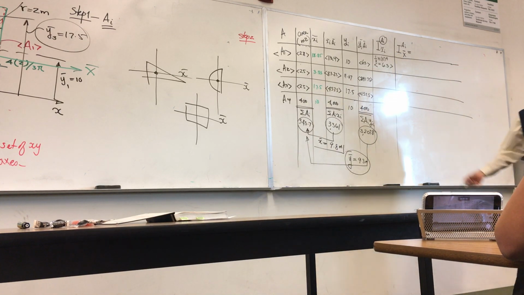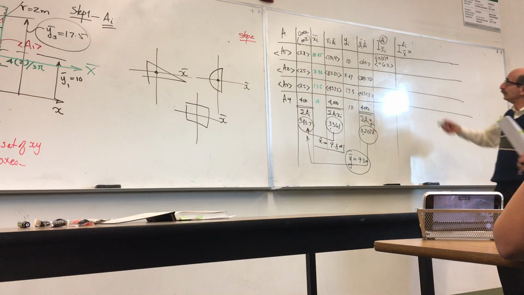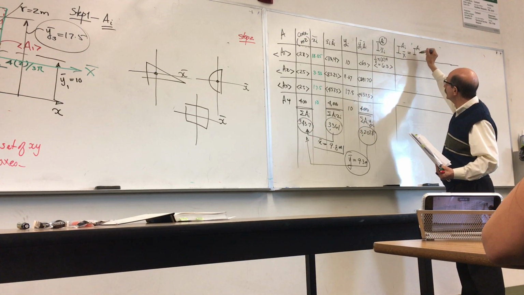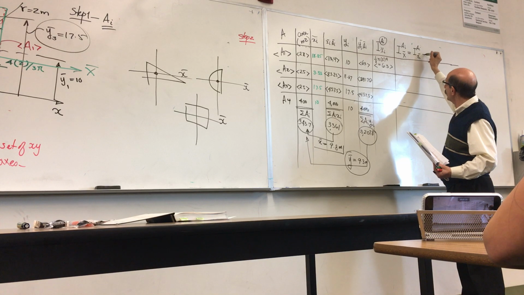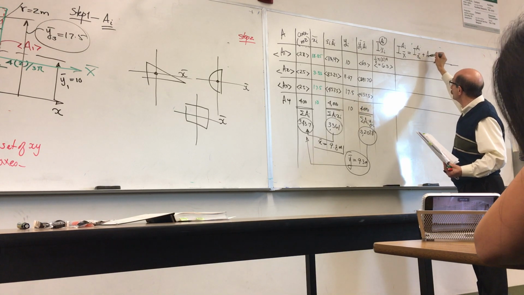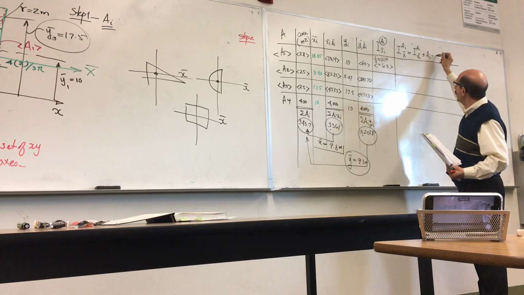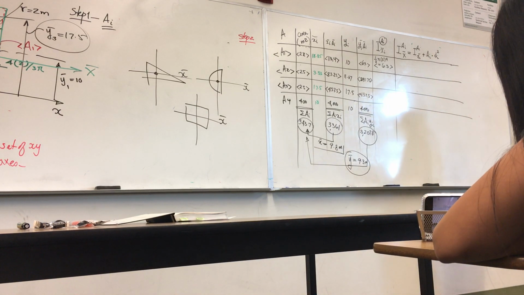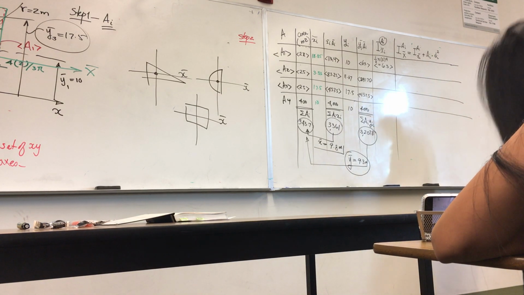I don't have to do much calculation anymore, because that would be what I found here, plus the area of each shape times the distance squared between those two axes, okay?